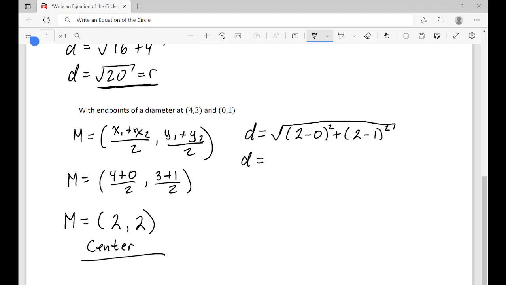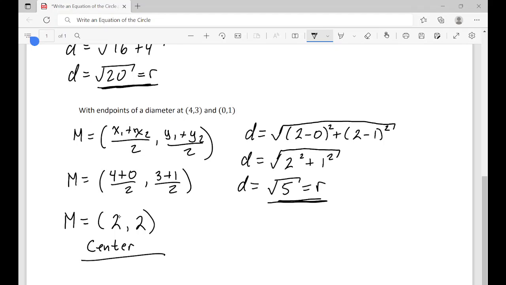And now I'm just going to do the arithmetic here. It's going to give me √(2² + 1²), which is just going to give me the square root of 5. And again, this is going to be my radius.